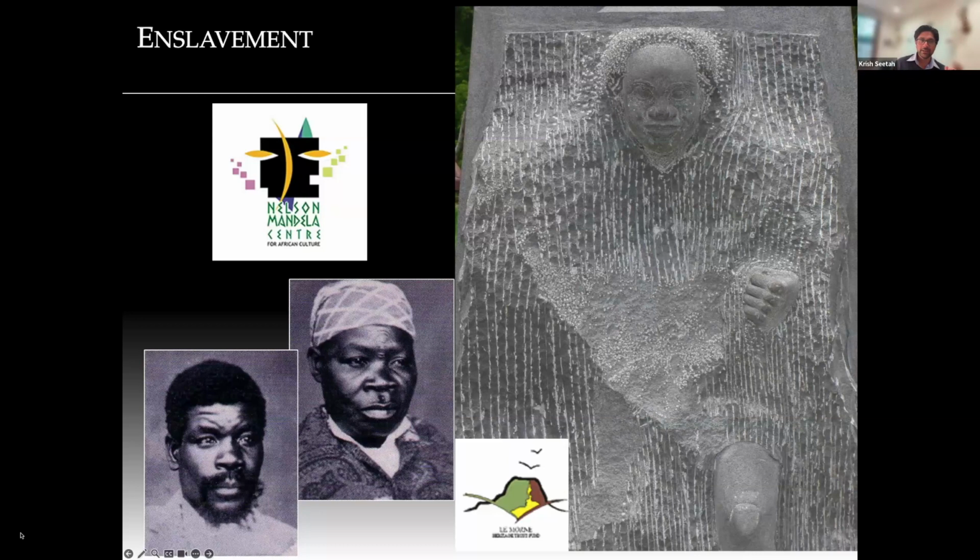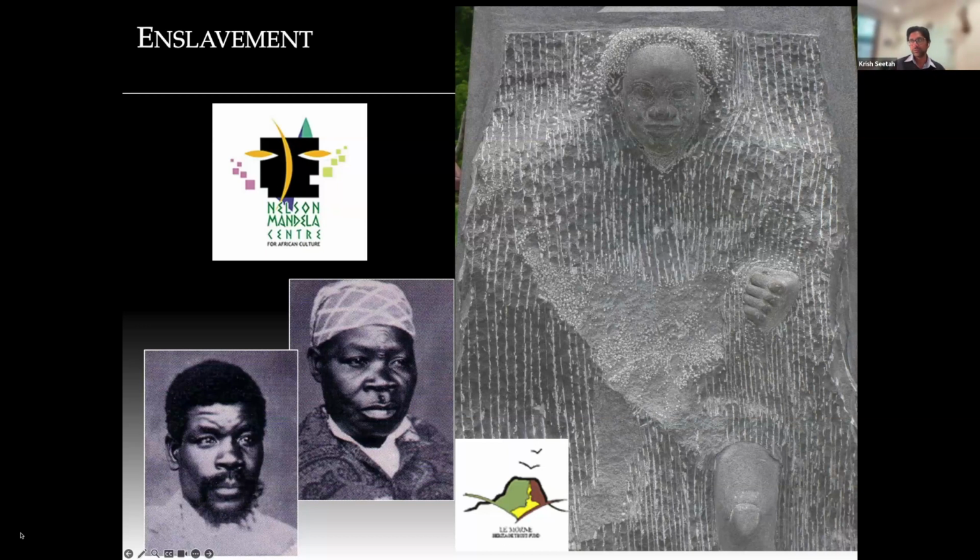It's interesting that the trade in slavery was stopped in 1807. Enslavement as a process, as a mechanism of labor provision, carries on until the 1830s. And those legacies have been deeply rooted into Mauritian culture.